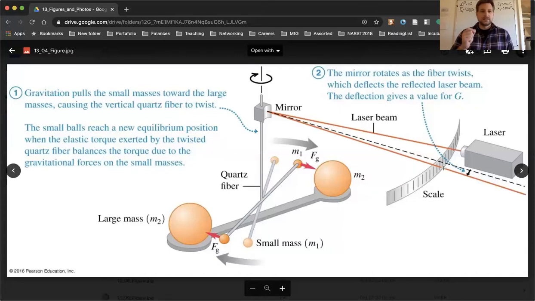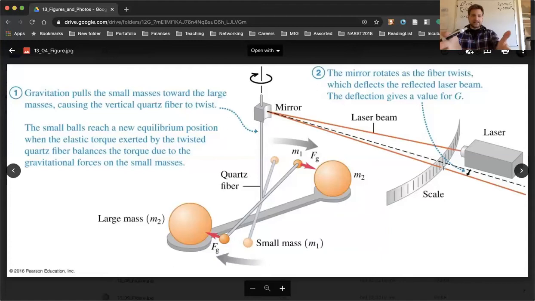The accepted value for the universal gravitational constant is 6.67 times 10 to the negative 11th. And that times 10 to the negative 11, that's the problem.